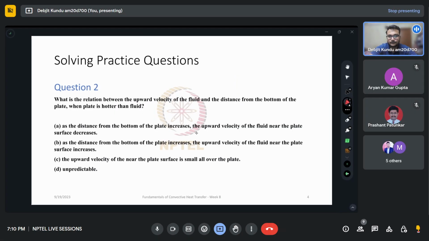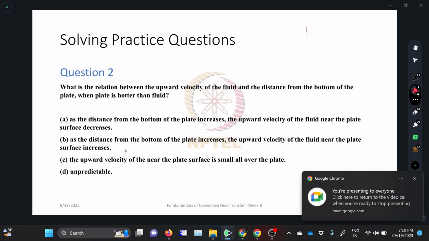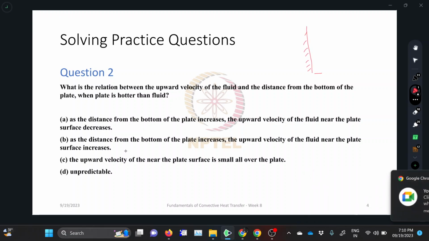Now, question number 2 is asking us, what is the relationship between the upward velocity of a fluid and the distance from the bottom of the plate when the plate is hotter than the fluid? So what I mean by this question is, I have a plate like this, and from the bottom of the plate I'm measuring this distance y, and as I go farther away from the plate, that's x.